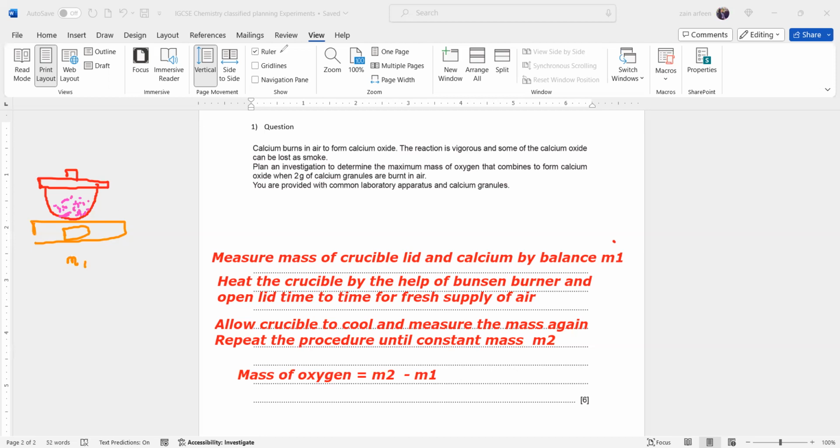Then you heat using a Bunsen burner and open the lid time to time so that a fresh supply of oxygen is there. You repeat the procedure until the mass does not change. When the mass does not change, the new mass will be higher than the first one, so the new mass will be M2. How do we know the mass of oxygen reacted? The final mass minus the initial mass will give us the mass of oxygen reacted.